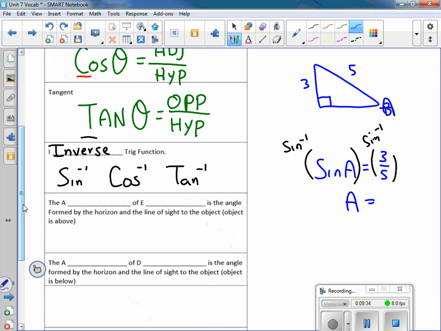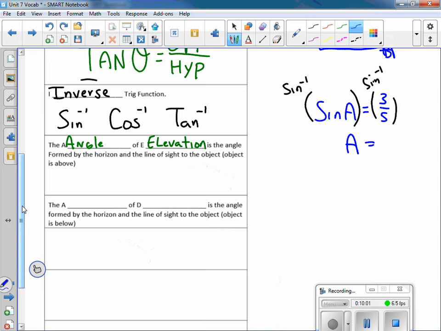So here are your three sets of inverse trig functions. They're simply used in equations to get rid of sine, cosine, or tangent, just like we use square root to get rid of squaring, so that we have an unknown angle pop out to be equal to some number. You'll totally understand that as we move forward. I'm just laying the groundwork so that you can have your brain processing it before we get there.